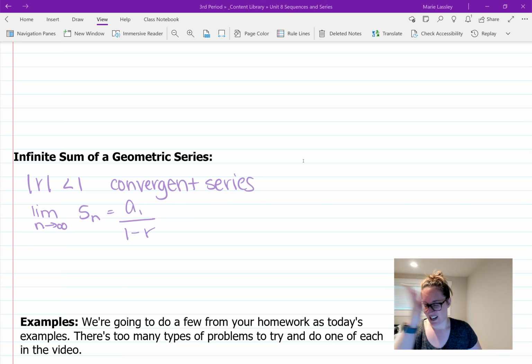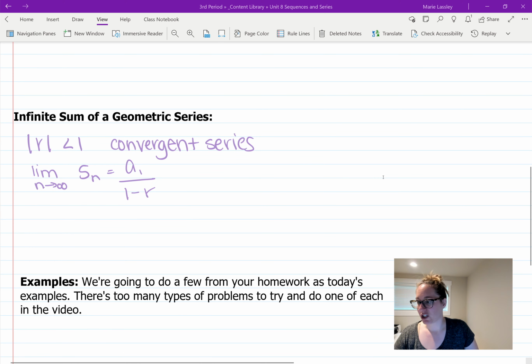So you take the first term and you divide it by 1 minus that r value, and that's going to tell you what your sequence is going to approach as you keep adding up the terms in that sequence. So ultimately, what is the infinite sum of your geometric series? Series is when we're adding them together. That's it.